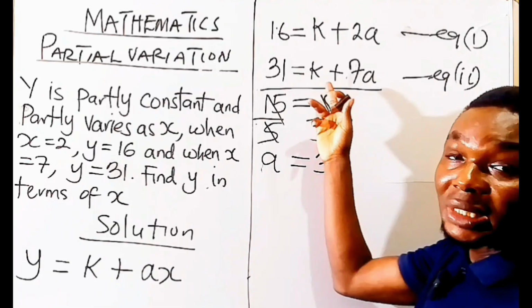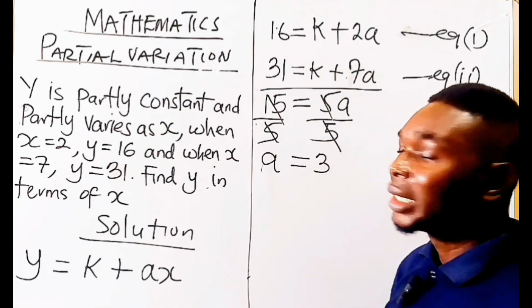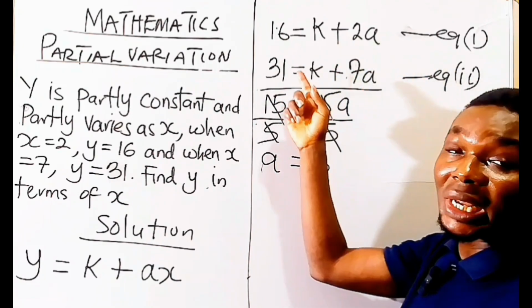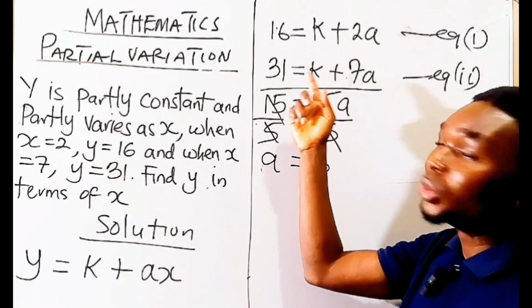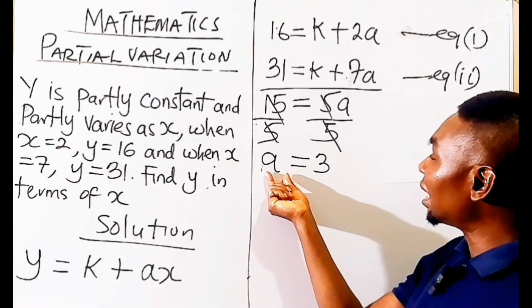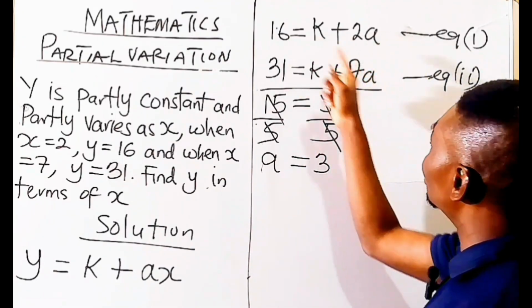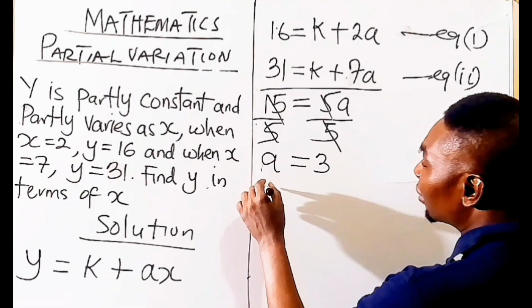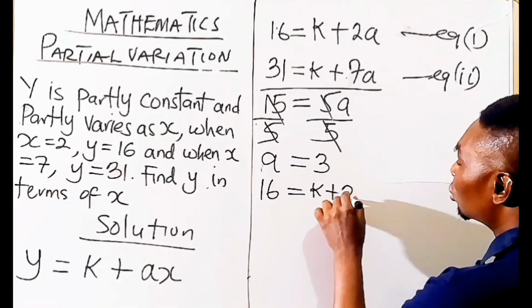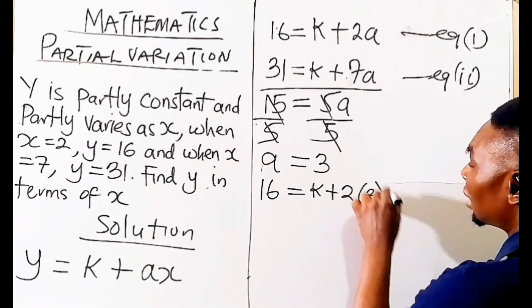Now, the next thing is to look for the value of k. We can substitute the value of a into any of the equations, either equation 1 or equation 2. I'm considering equation 1. So all I need to do is to replace a with 3 in equation 1 so that we can get k. So we have 16 is equal to k plus 2 into 3.